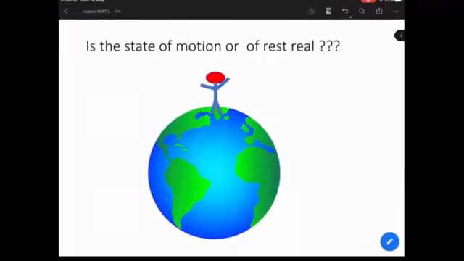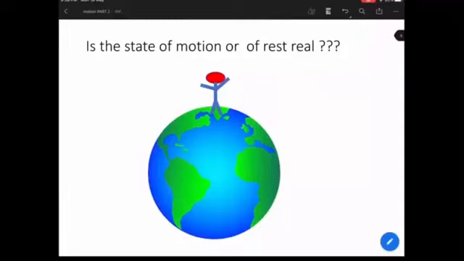Suppose we are sitting at a particular place, so we are not moving practically. To our friends, our teachers and whoever is observing us, we are at rest. We are sitting comfortably in the classroom.